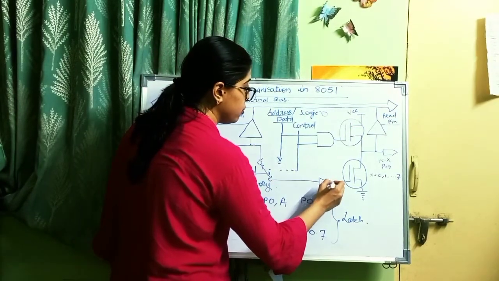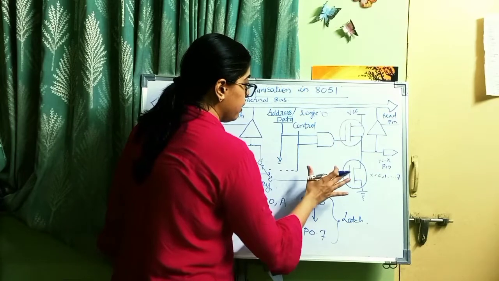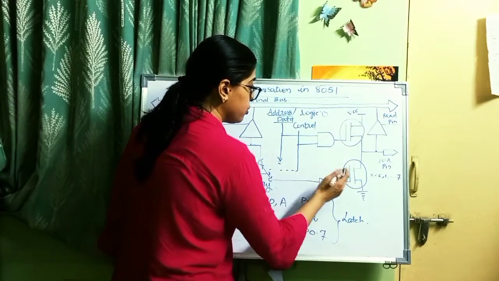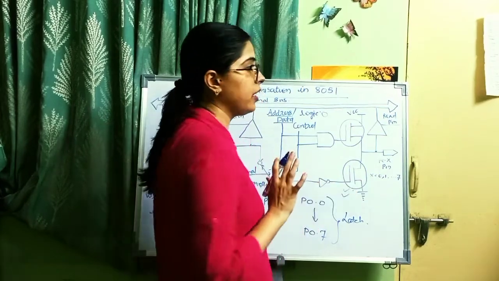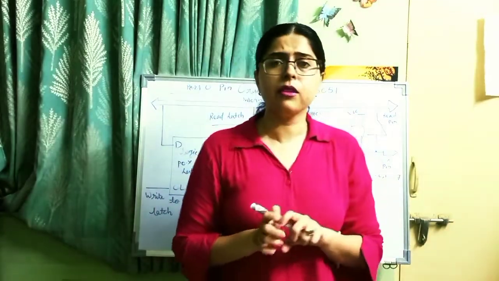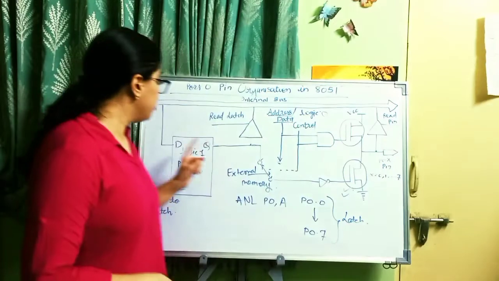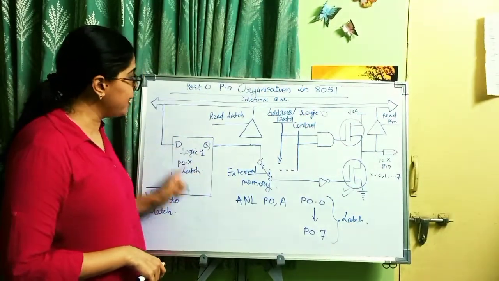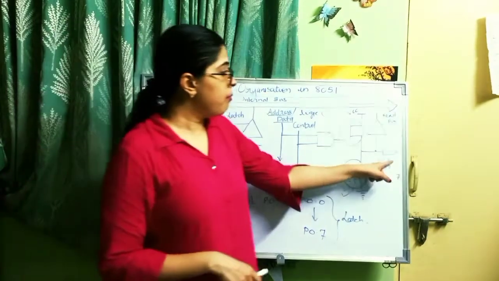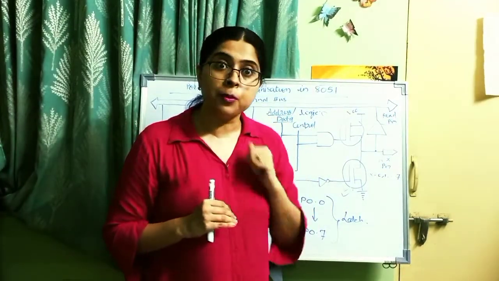The NOT gate turns it into 0, and when the NOT gate turns it into 0, logic 0 is applied to this bottom FET, and because of that this bottom FET is off. When the logic 1 is latched inside this D latch via the internal bus, the port 0 pins act as input pins.